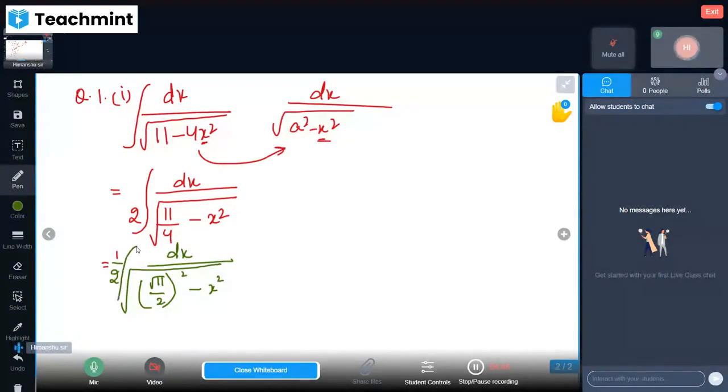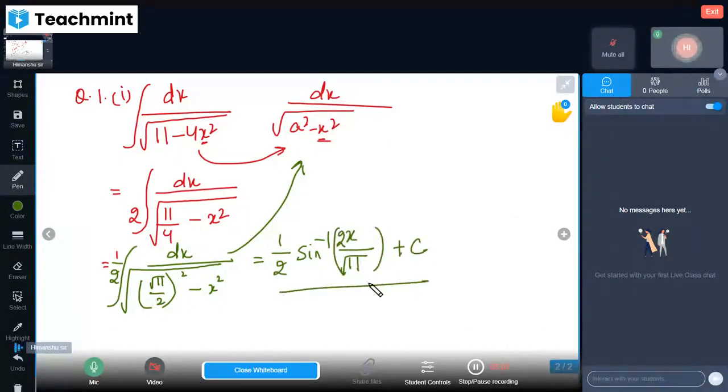Now it is of the form a square minus x square. So the formula gives 1 by 2 sine inverse of x upon a. In place of a it is root 11 by 2, and that 2 becomes the numerator, so 2x by root 11, plus c. This is your answer. Understood?